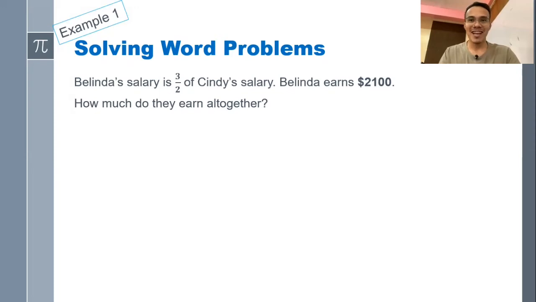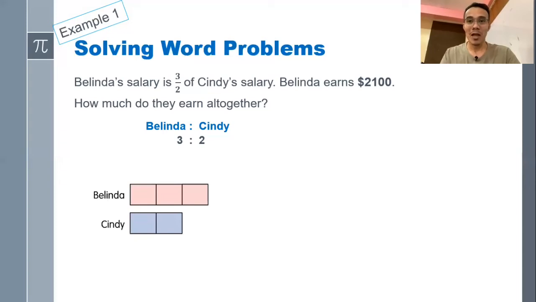The problem says Belinda's salary is 3/2 of Cindy's salary, which means that the ratio of Belinda's salary to Cindy's salary is 3:2. Using a model, Belinda should have 3 units and Cindy should have 2 units.